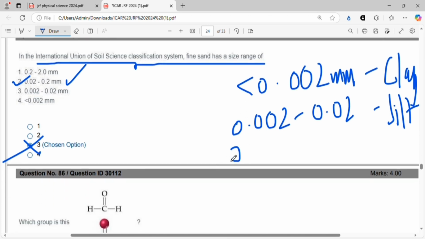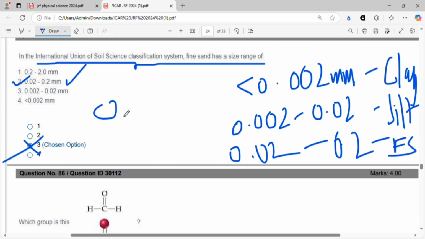Then from 0.02 to 0.2, you just have to shift the decimal point towards the right side. Like you just multiply by 10 and shift the decimal point one place to the right, and you will get the answer. So this is fine sand. And finally 0.2 to 2, that is coarse sand, CS.